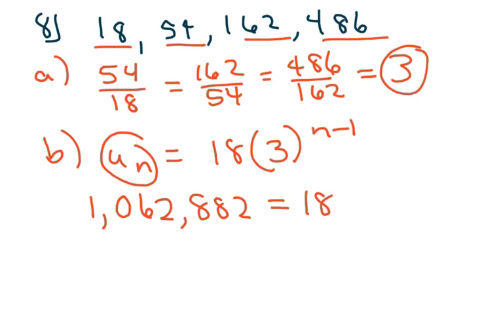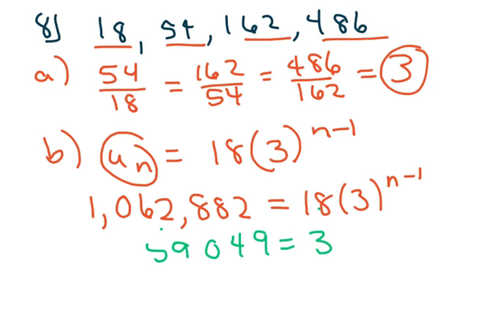So you have to solve for n. I divided both sides by 18, and I got 59049 equals 3 to the n minus 1.